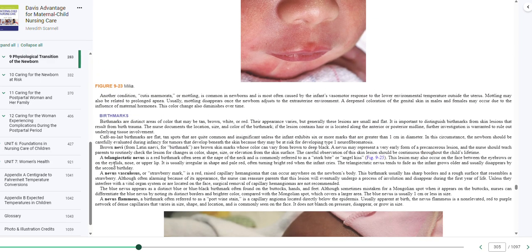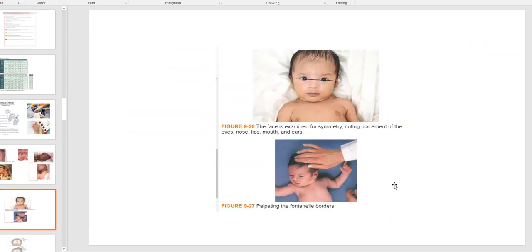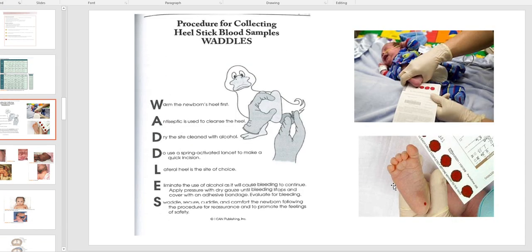You have the different terms I told you in class that I want you to read about. Telangiectatic nevus is the red birthmark, like an angel kiss or stork bite. Nevus vasculosus is the strawberry mark.